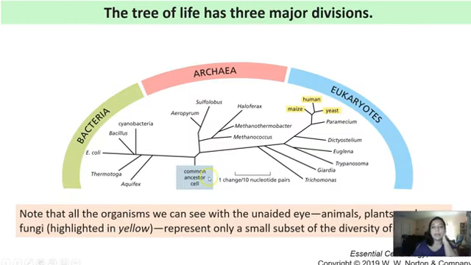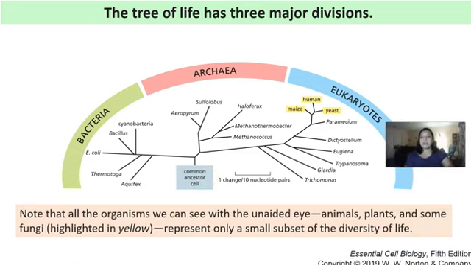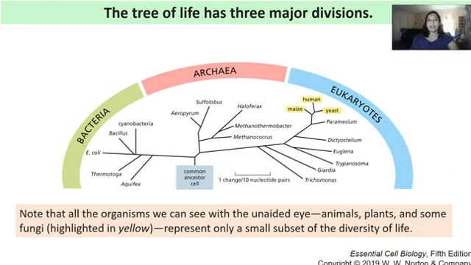So looking at the conservation of specific sequences across genomes, across organisms, across life forms, we are able to create this tree of life that shows the three main domains, which are your bacteria, archaea, and eukaryotes.